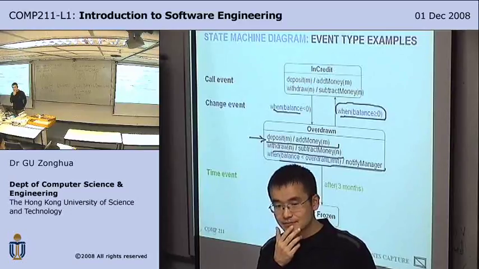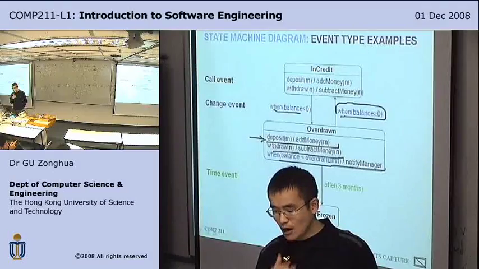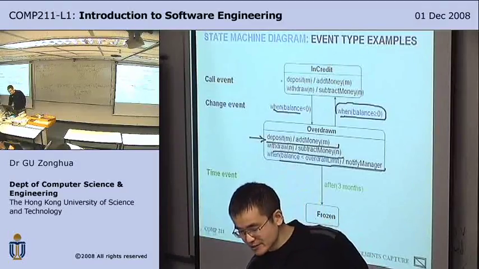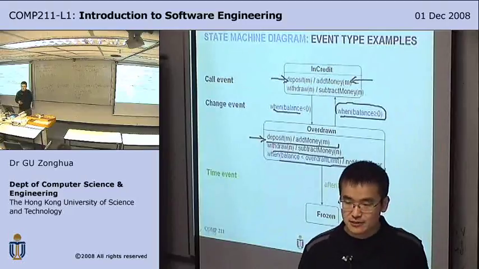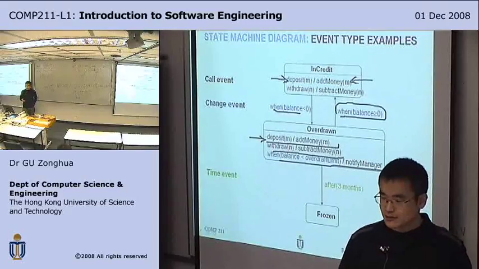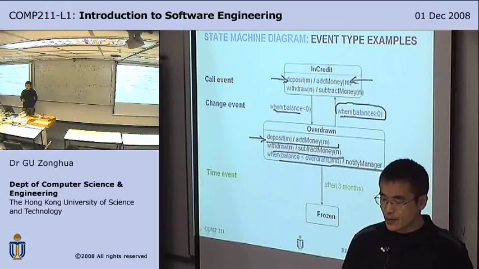One thing I'm not clear about is what's the relationship between the in-credit state, deposit and add money, or withdraw and the subtract. Oh, deposit is the event. Add money is the effect list. It's the action you take. If the event is triggered, then we take the corresponding add money action.